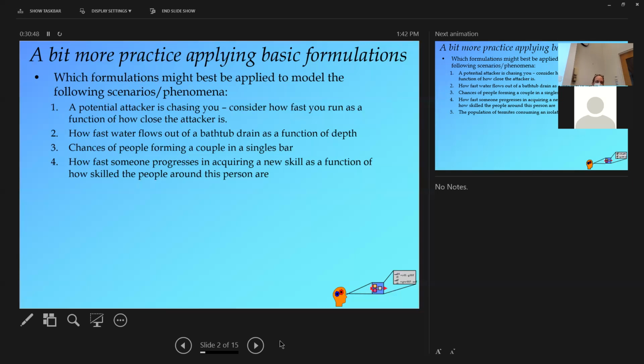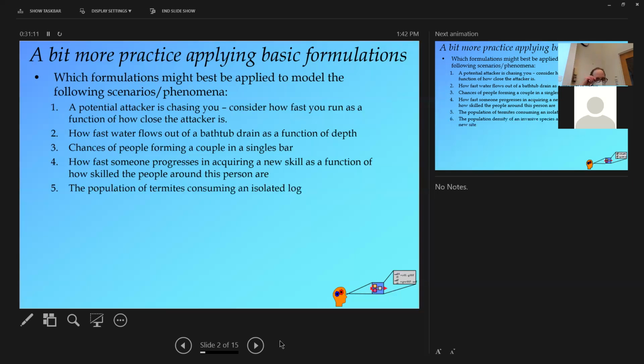Or the difference in skill level of the trainers is going to increase your rate of learning up to some point where you saturate and can't learn any faster than you are. So both seem like perfectly legitimate alternate ways of using our basic formulations to conceptualize how we might model something.